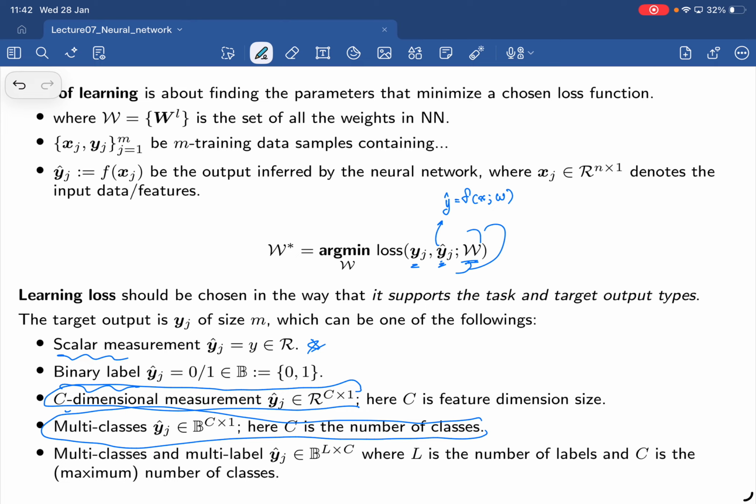Or if it's multi-class and multi-label, then your output Y hat will be a matrix, or maybe a vector of integers. That depends on the kind of task you're targeting.